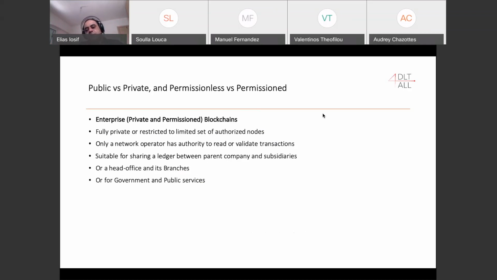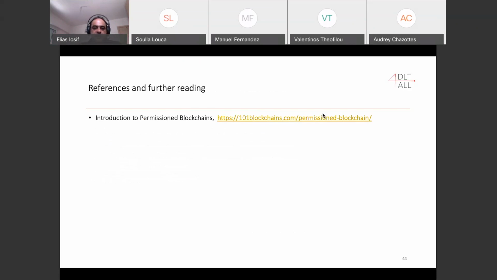So, in other words, the same process is also being followed here. And this is a link for more info about permissioned blockchains, which come with a rich set of features.